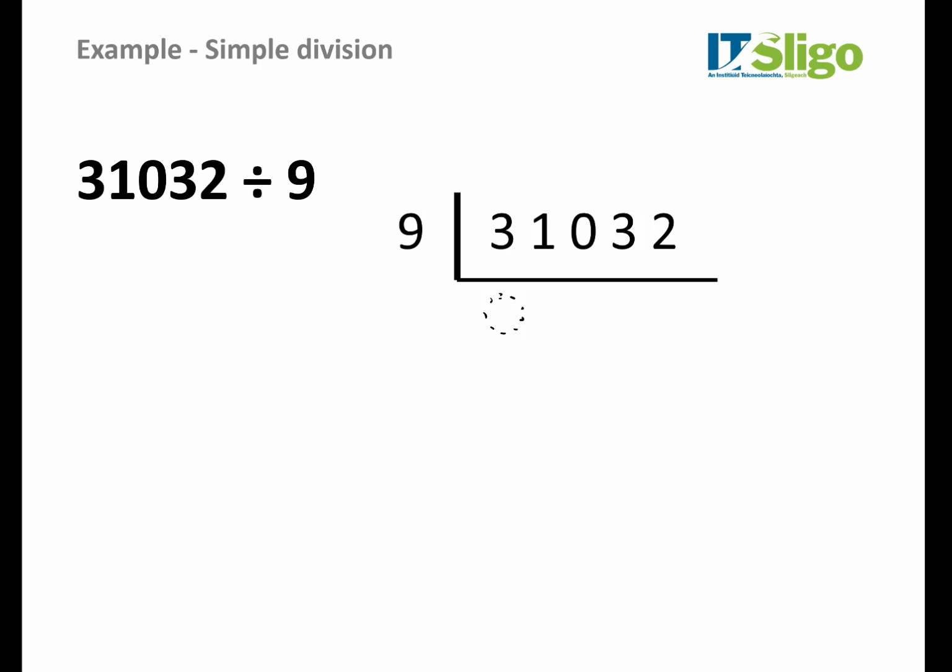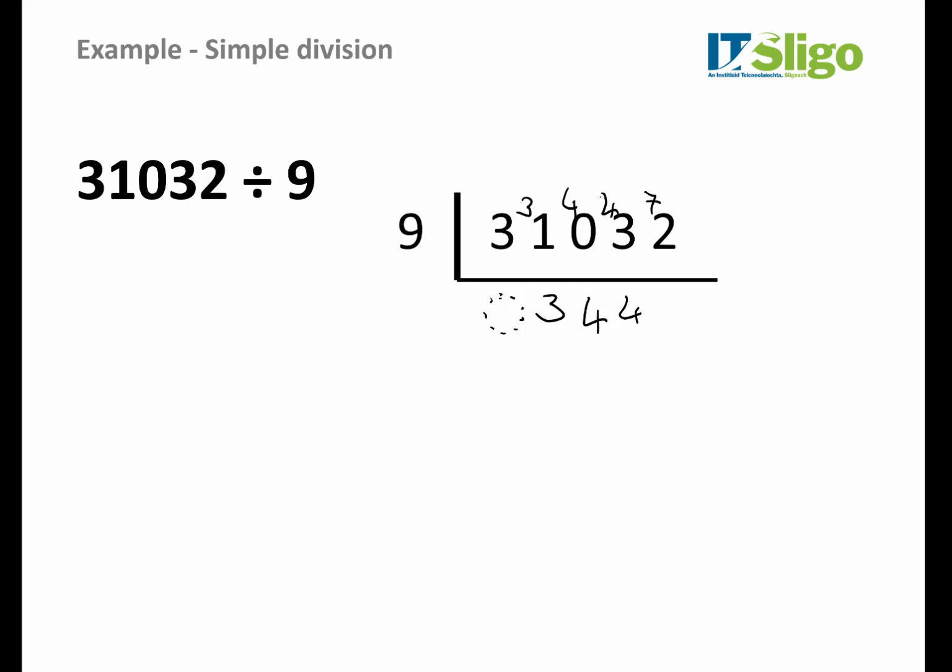Now we can carry the 3 over. 9 into 31 goes 3 times with 4 left over. 9 into 40 goes 4 times with 4 left over. 9 into 43, again that's going to be 36 with 7 left over.